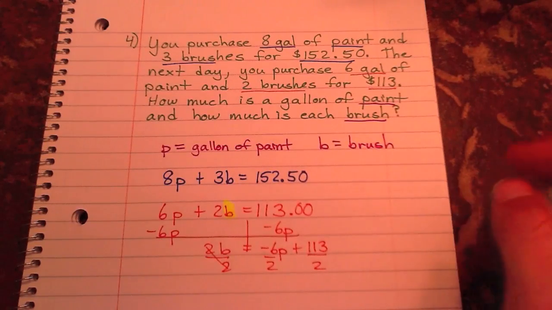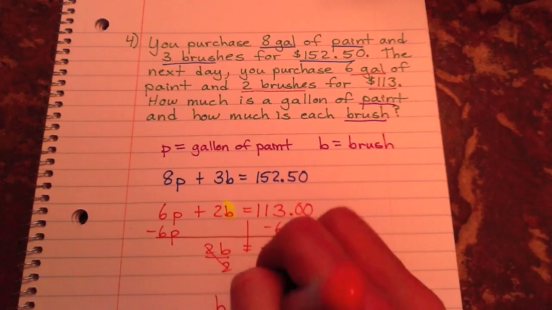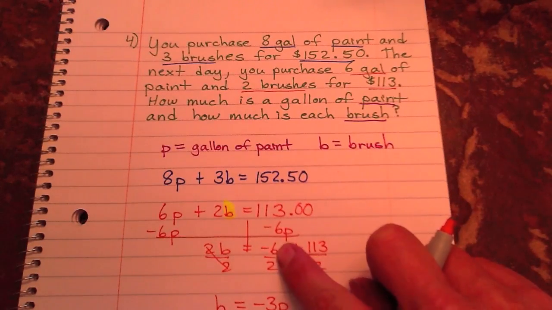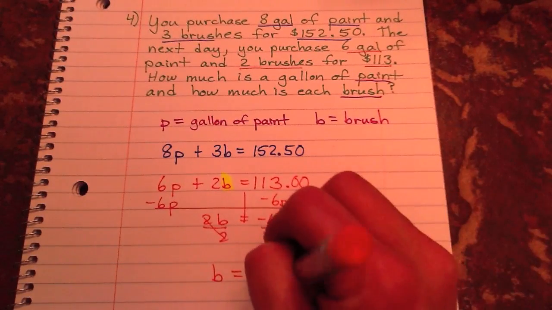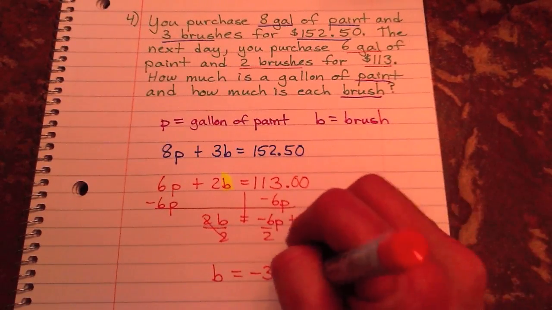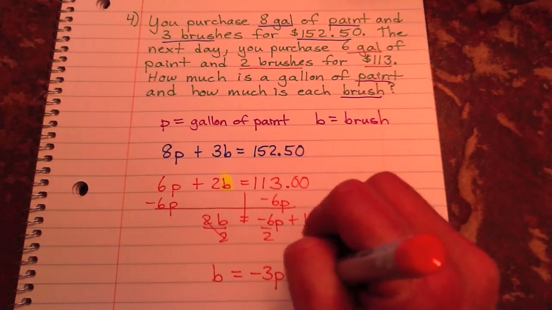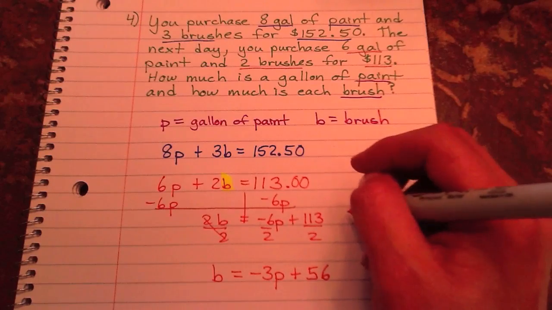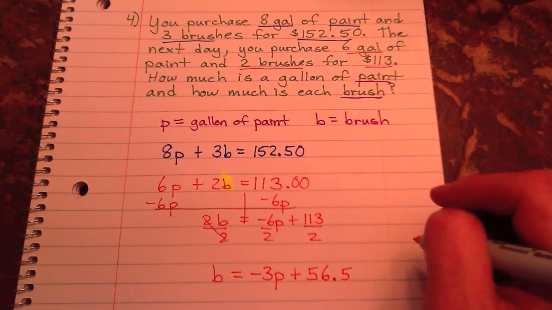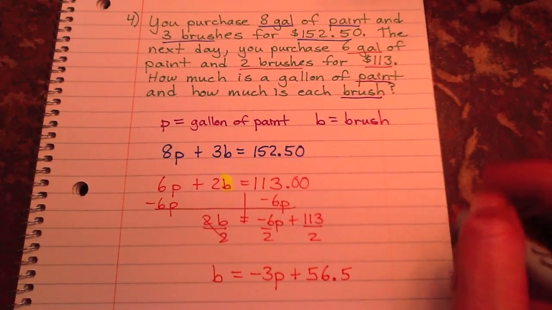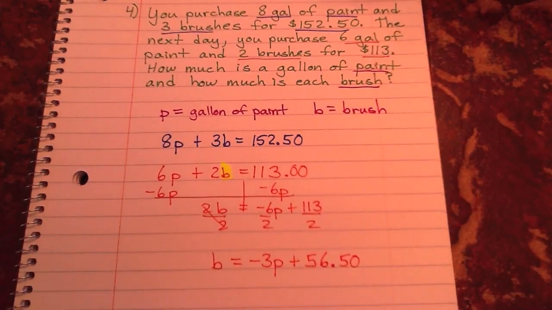Now we have our new equation, which is B equals a negative 3P, because 2 goes into a negative 6 3 times, plus 2 goes into 11 5 times with 1 left over, 2 goes into 13 6 times with 1 left over, and so we're actually going to end up with a 0.5, or if you wanted to keep it as money, you could put 0.50. Which we'll just do this time in case.